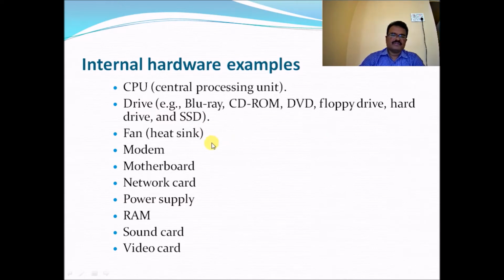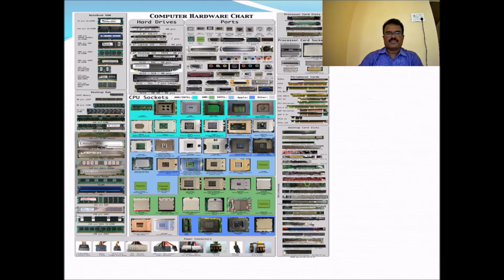Modem can mostly be internal, and sometimes we can also connect it as an external device. Motherboard, network card, power supply, random access memory, sound card, and video card. All these devices can be inside the computer system. These are called internal hardware and also components.